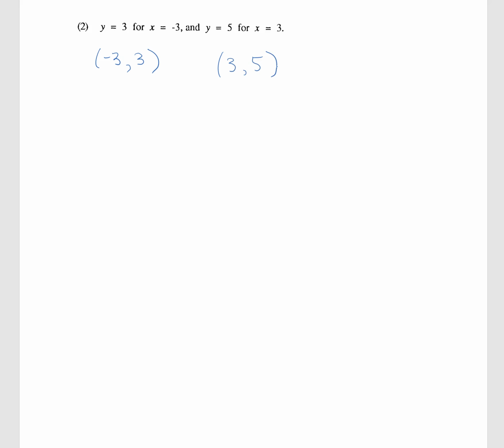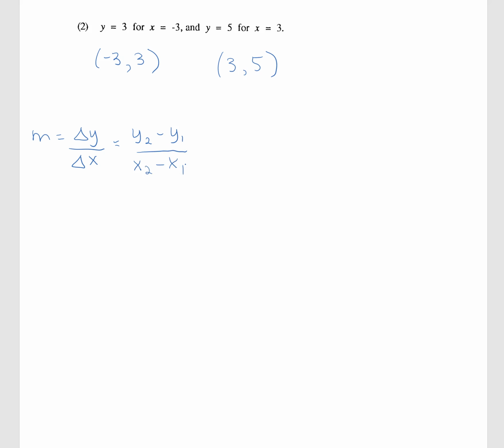So the first thing we want to do is figure out our slope m. And another way of writing the slope is the change in y over the change in x between 2 points. So this can be rewritten as y2 minus y1 over x2 minus x1.